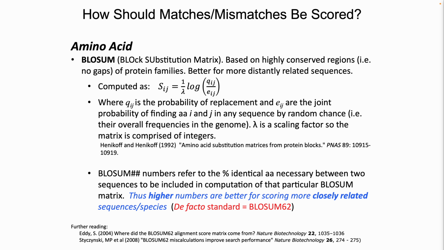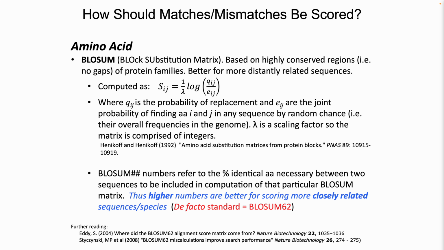The other scoring matrix that you see super commonly is called BLOSUM. This was derived slightly differently. It's better for more distantly related sequences. I think we're running out of time.